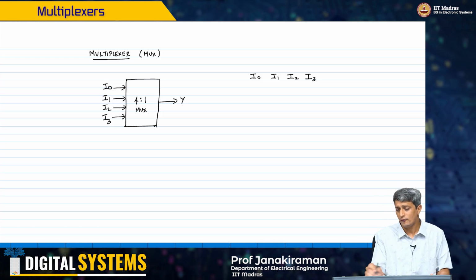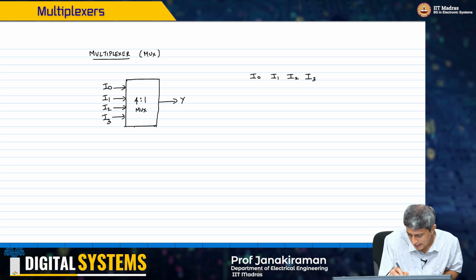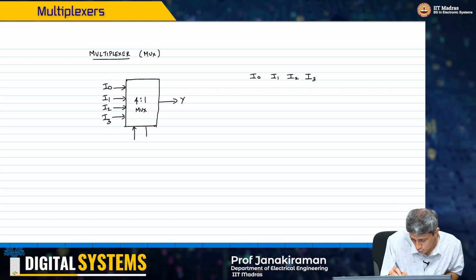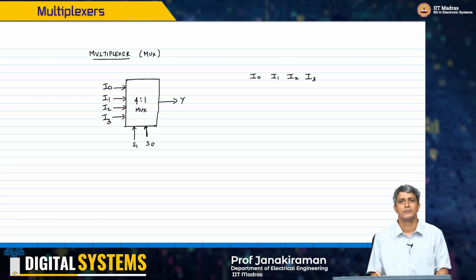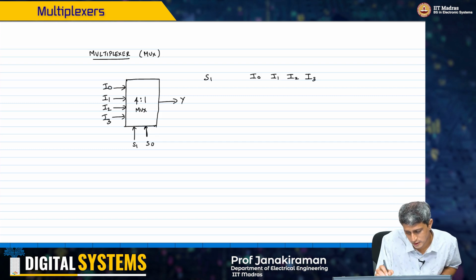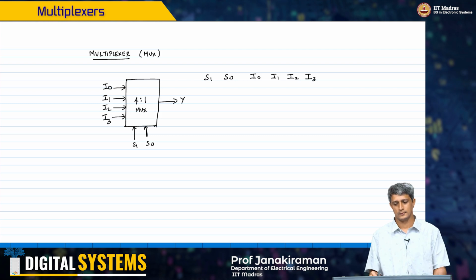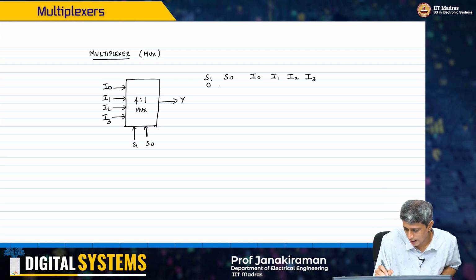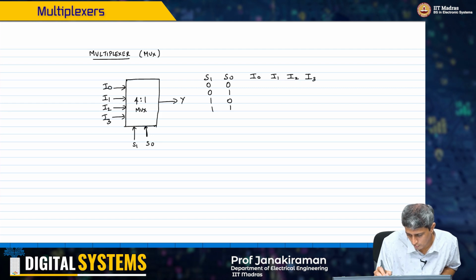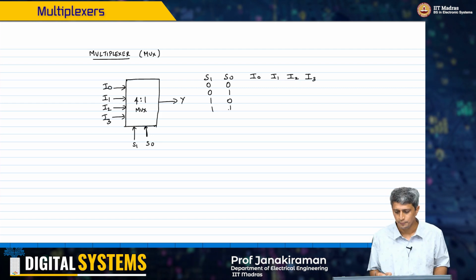So I have 4 inputs and I obviously need 2 other select lines, S1 and S0. These are my 2 select lines, S1, S0. And again I have 00, 01, 10, 11.